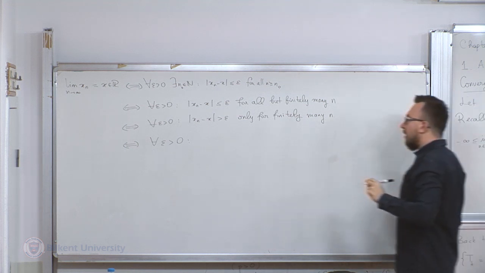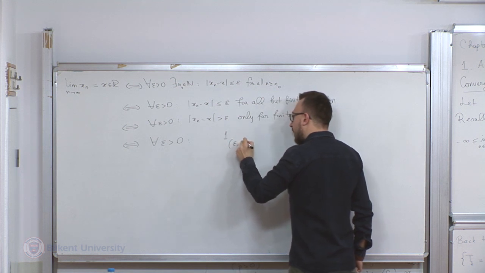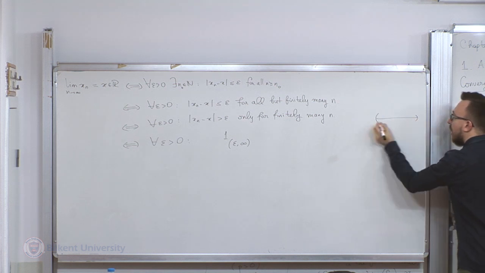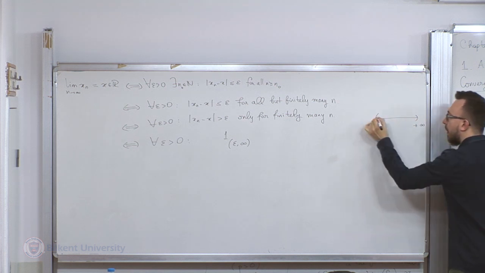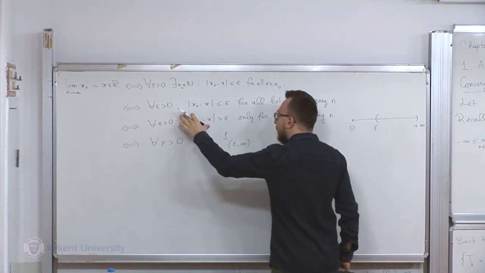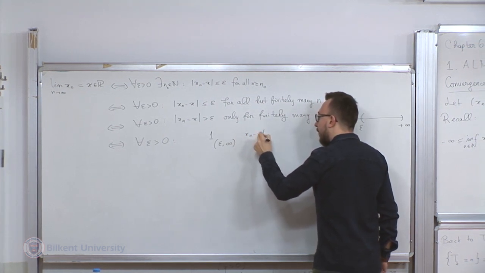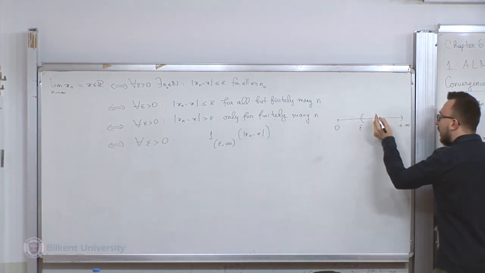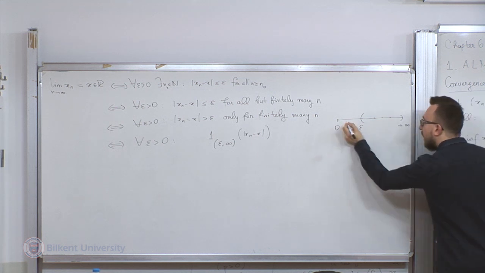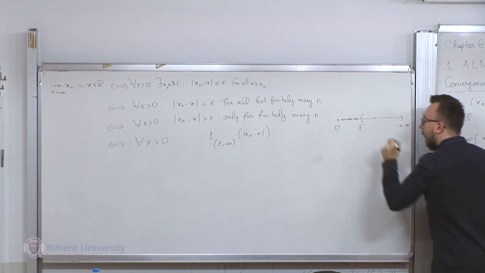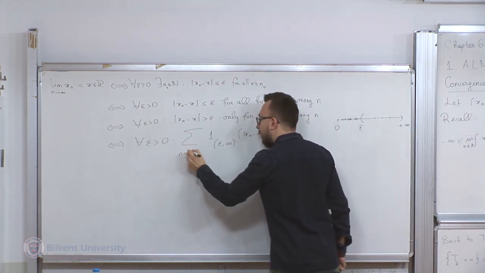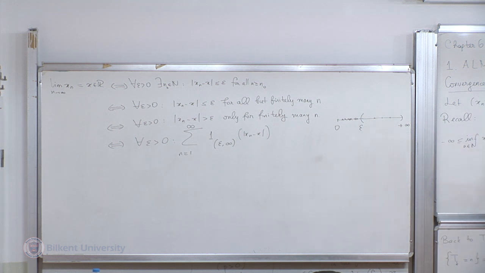So if I look at the indicator of this set, epsilon to infinity, those values, xn minus x in absolute value, are here for only finitely many n. And it is here for infinitely many n. Therefore, if I add those indicators from n equals 1 to infinity, I should get what?